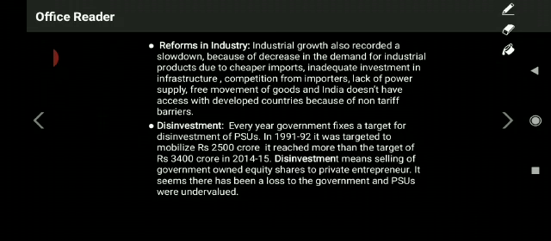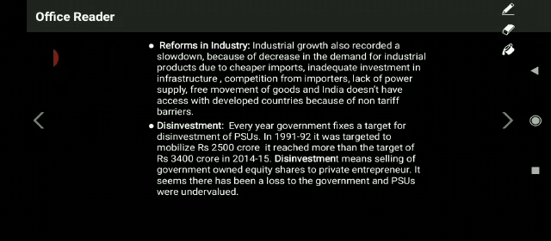What has the Government of India thought? To increase the income, to mobilize the income from disinvestment. The government targeted only 2,500 crore of income from disinvestment, but the target was increased more than that. It was 3,400 crore in 2014-15.